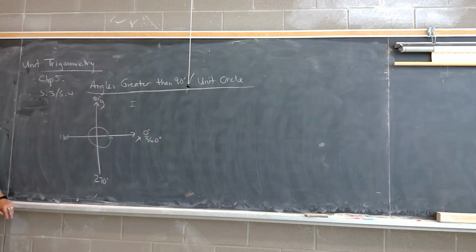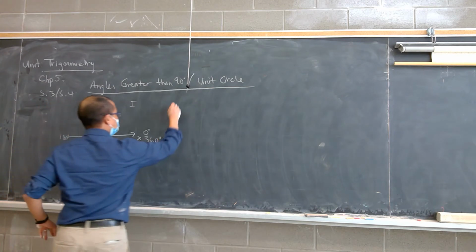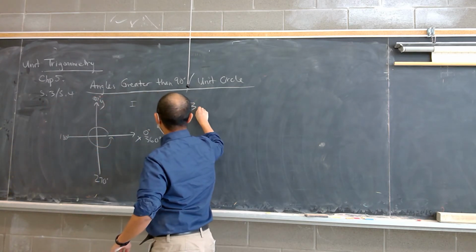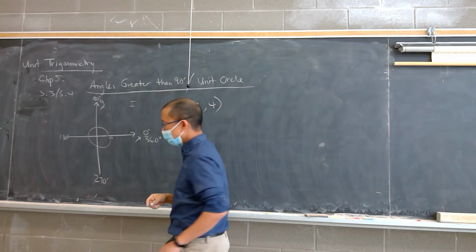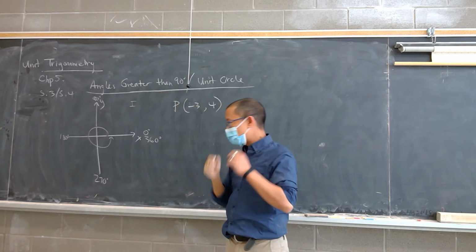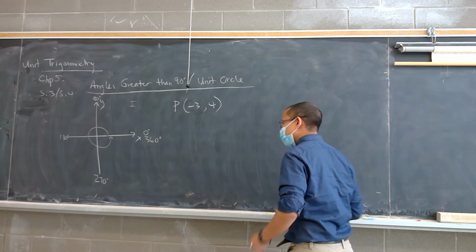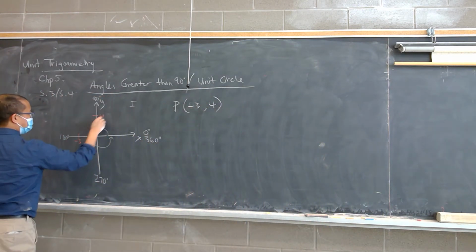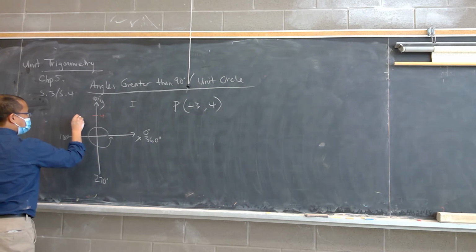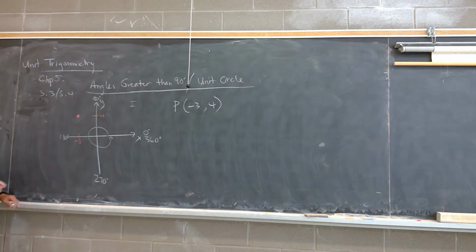Now you might be confused, and that's okay. But let's just say we have a point, negative 3, comma 4. Now where is negative 3, comma 4? Using my red chalk, it is maybe over here. If you have some graph paper, it's actually easier.